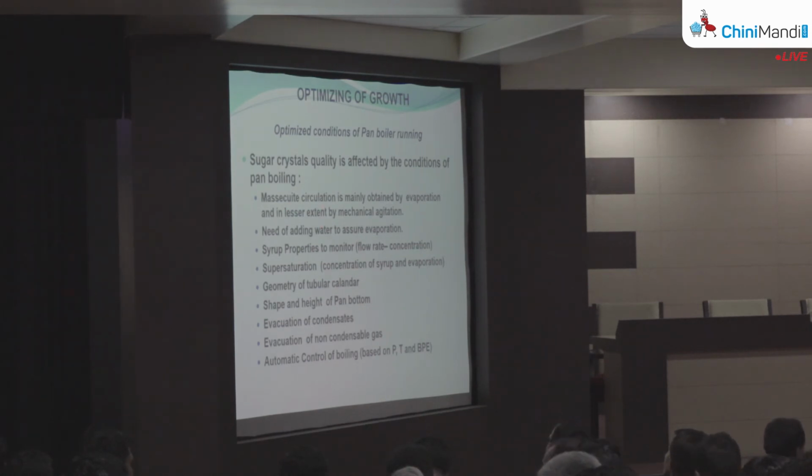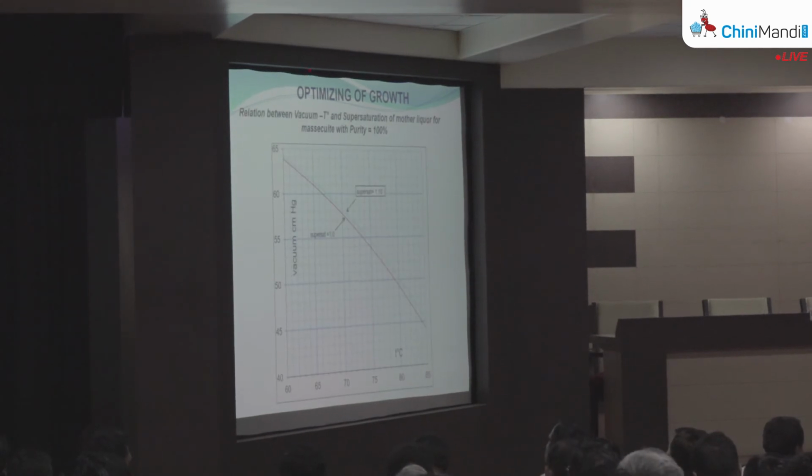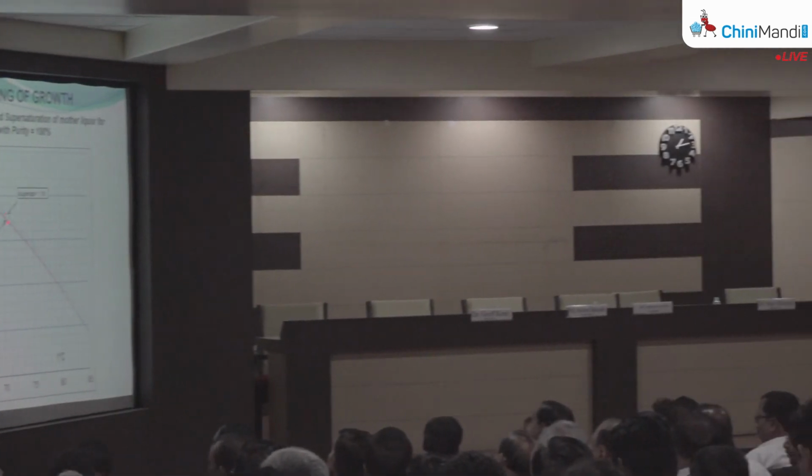And the best way to control is to go to Charles' table of saturation and calculate your supersaturation to be in the 1.1, 1.15, no more supersaturation. And also you can use the literature for boiling point elevation.